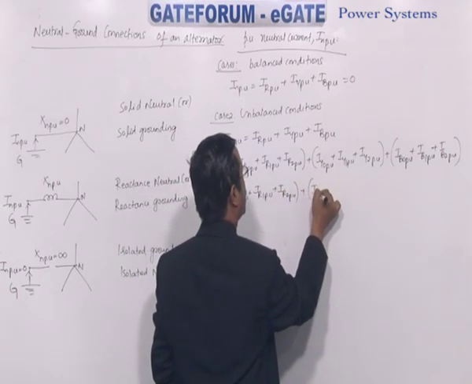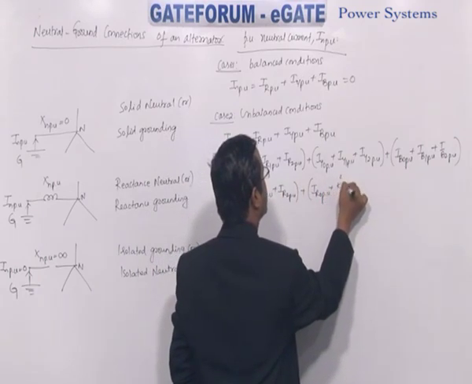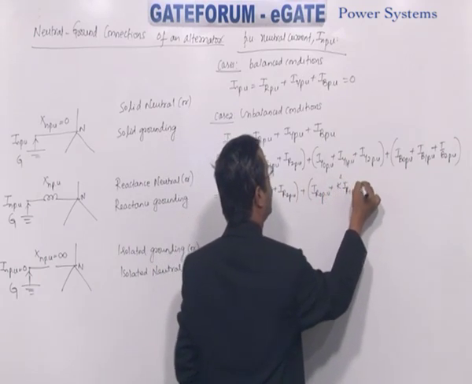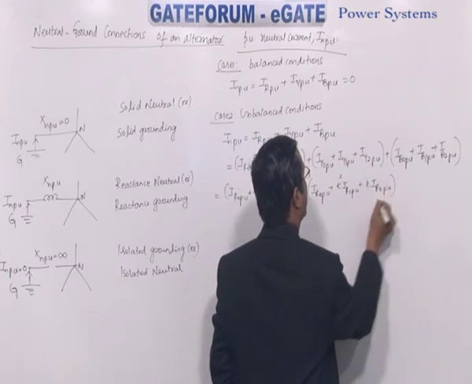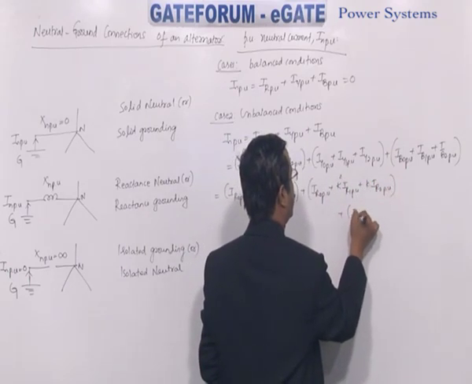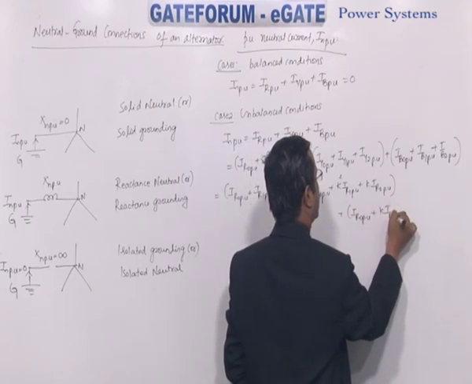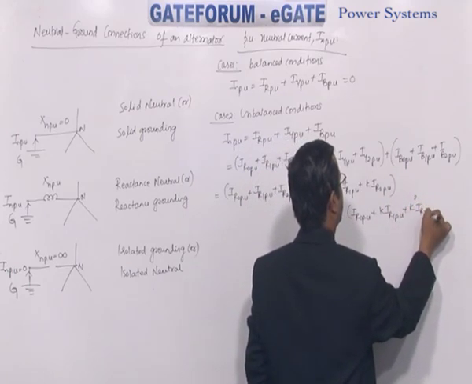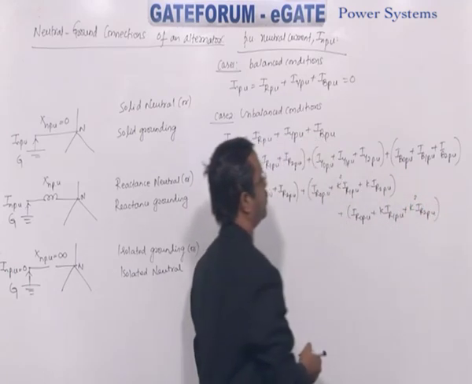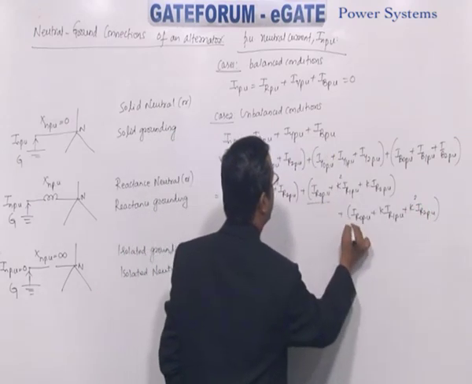Now you represent R phase. IY1 is K square IR1. IY2 is K times IR2. IB0 is IR0. IB1 is K IR1. IB2 is K square IR2. Now add this: IR0 three times.